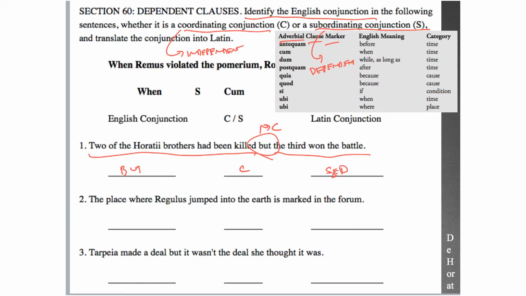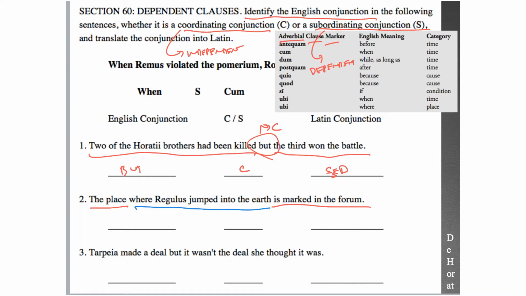All right, now, the place where Regulus jumped into the earth is marked in the forum. So the place is marked in the forum, that's one clause. All right, and then where Regulus jumped into the earth, that is another clause. And this is a good example because dependent clauses can come in the middle of a sentence. All right, now, the place is marked in the forum, clause works, sentence works fine on its own. Where Regulus jumped into the earth doesn't work on its own.